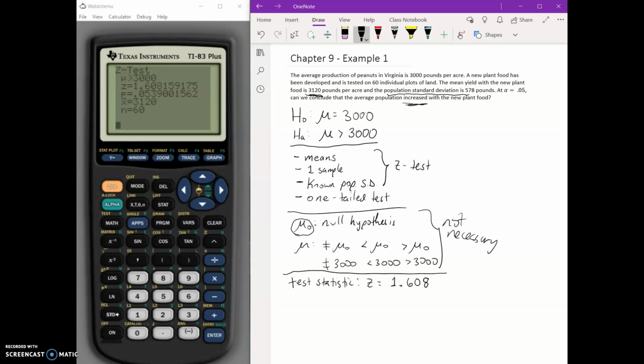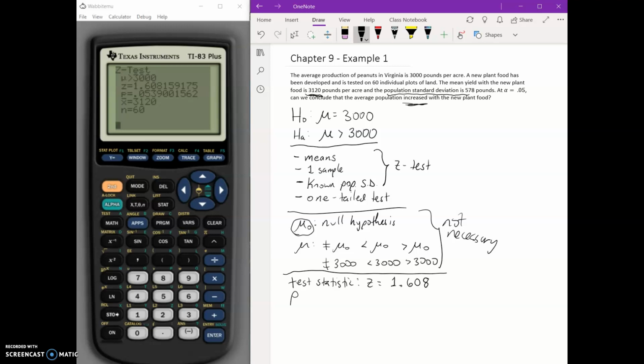This deals with the same thing, except we're using the central limit theorem for means. So if you did the central limit theorem for means, you would do 3,120 minus 3,000 divided by our standard deviation of 578 divided by the square root of 60, and you would get 1.608. But this is really important to put down as our test statistic.